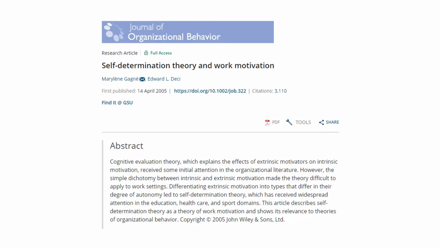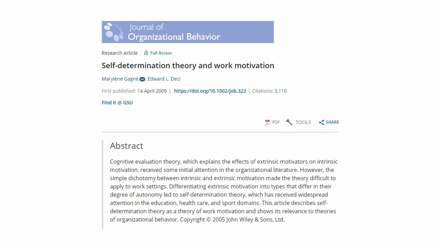In an article titled Self-Determination Theory and Work Motivation, researchers outlined some of those outcomes as persistence and maintained behavioral change, effective performance, particularly on tasks requiring creativity, cognitive flexibility, and conceptual understanding, job satisfaction, positive work-related attitudes, organizational citizenship behavior, which is altruism in the workplace, and ultimately psychological well-being.